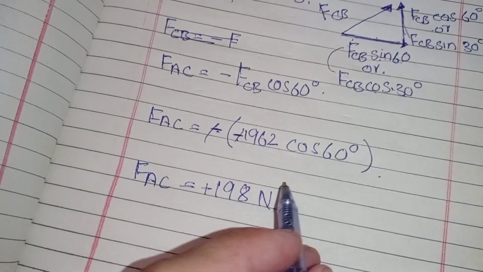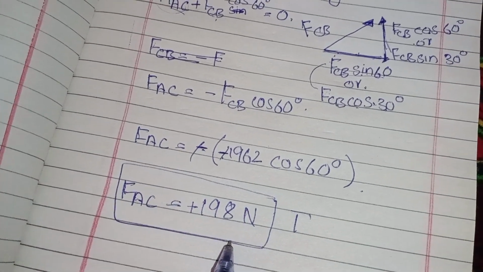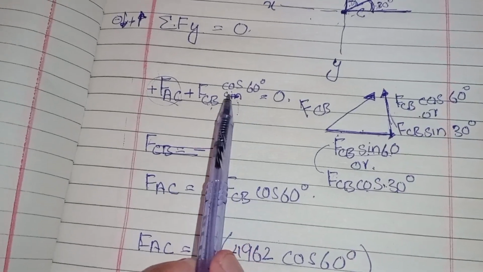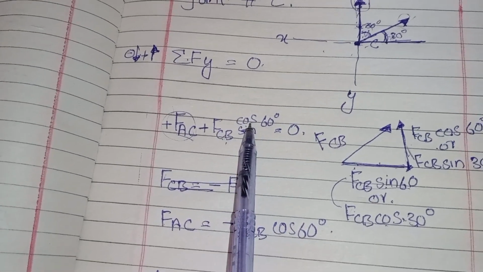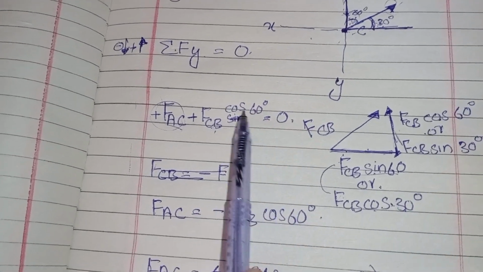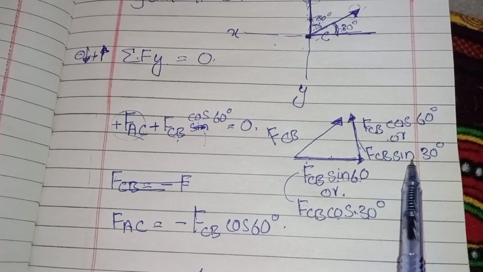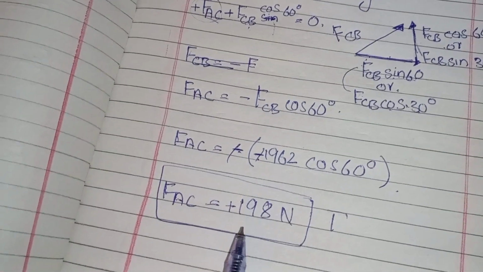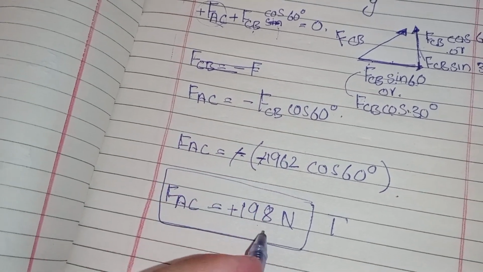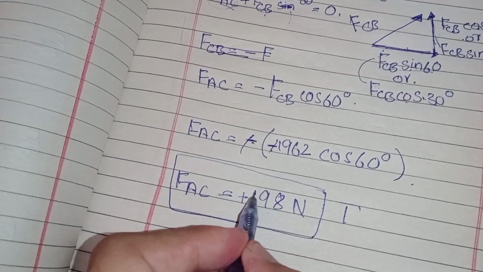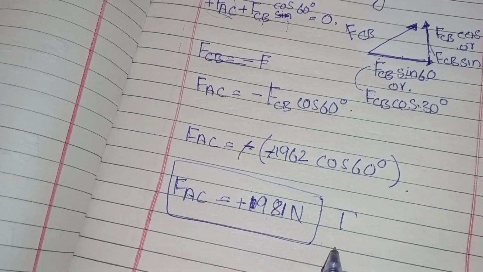It is in tension. You can also try it by putting F of CB sin 30 and solving it. The answer will be the same, 981.